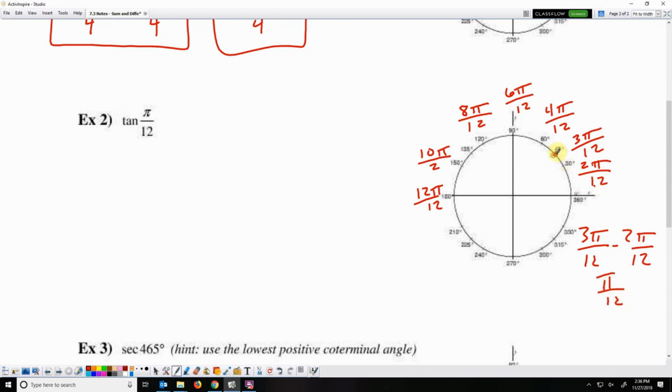So I can use these two spots, but I really want to use their simplified form, which is pi over 4 and pi over 6. So this is the same as tangent pi over 4 minus pi over 6.